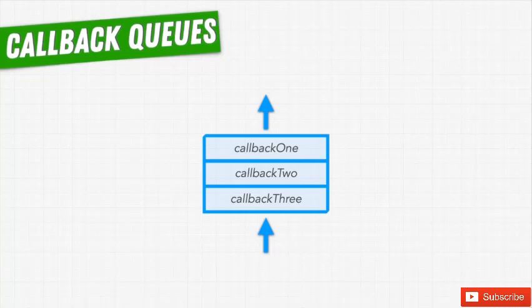The first function to be put in, callback 1, is the first to be executed, because it was the first one to be pushed into that queue. This queue is like a waiting area for our callbacks, where the oldest function, the one that's been waiting longest, will be the one to get processed by our event loop first when it has a chance.